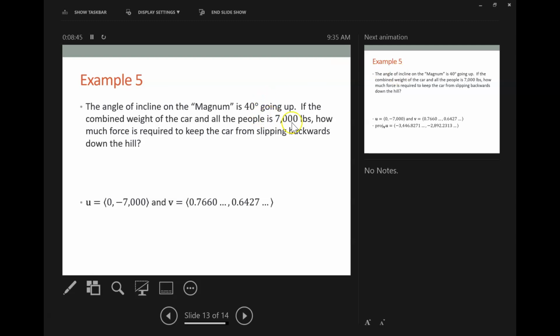Well, I mean, it's 7,000. So we can calculate the projection and find its magnitude, or just take the dot product of these two vectors since v has a magnitude of 1.